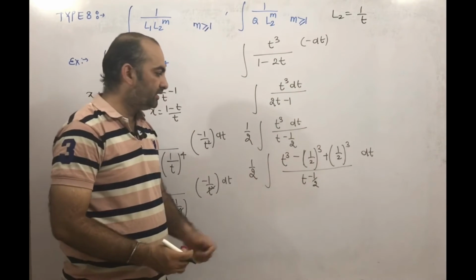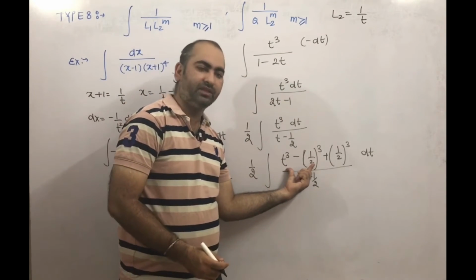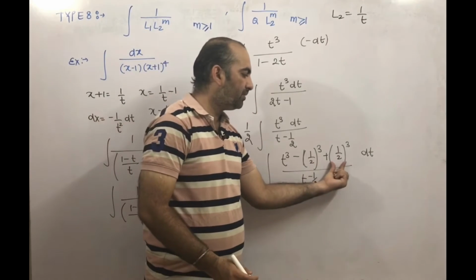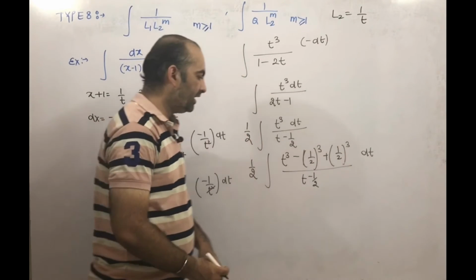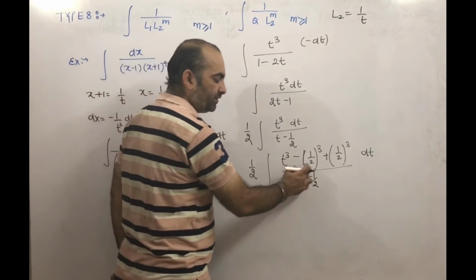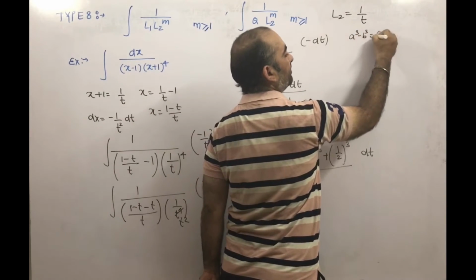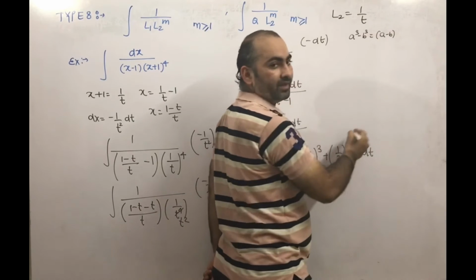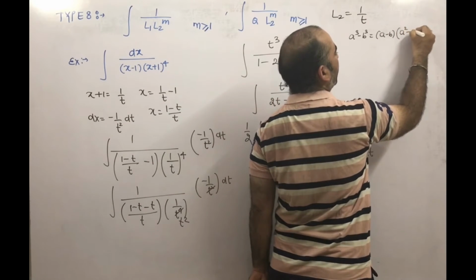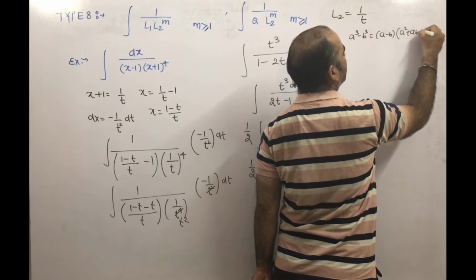Now we do t cube minus (1 by 2) whole cube separately, and (1 by 2) whole cube separately. Here we use the formula a cube minus b cube, which is (a minus b) into (a square plus ab plus b square).